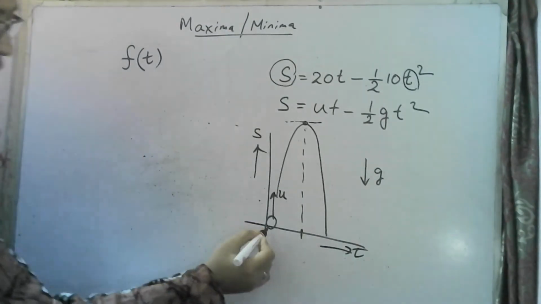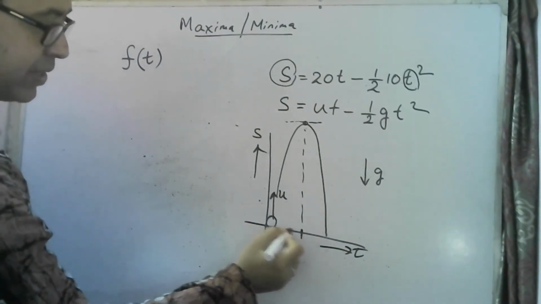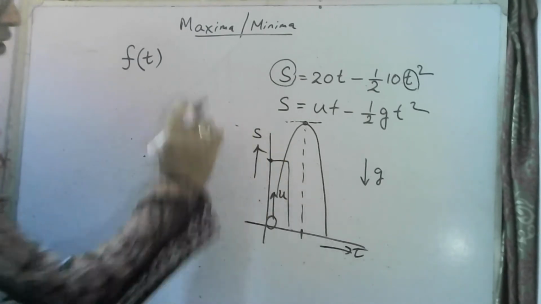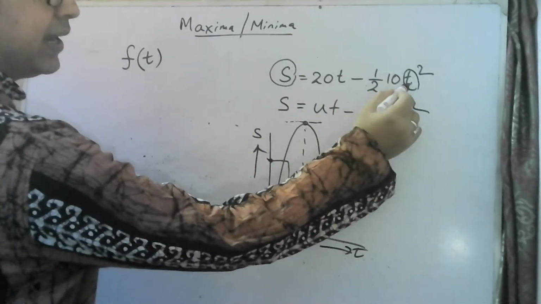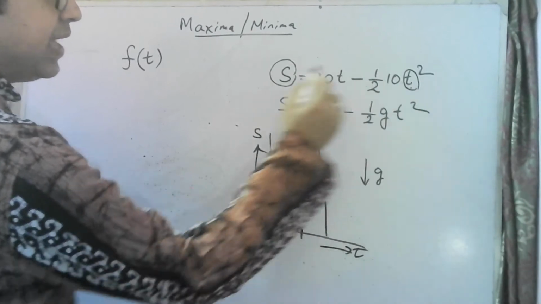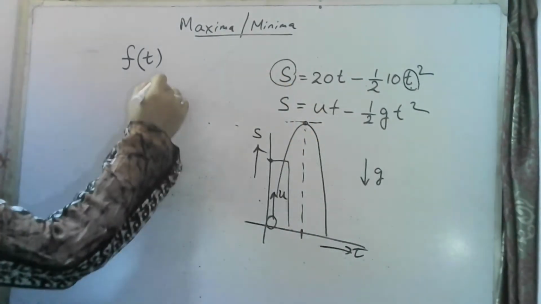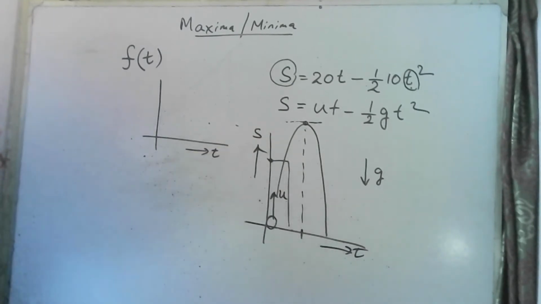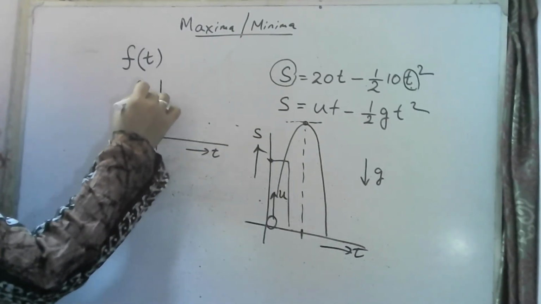When you change the time, you reach a certain s, that means a certain displacement change. Generally, we keep the primary variable on the x-axis and the dependent variable on the y-axis.